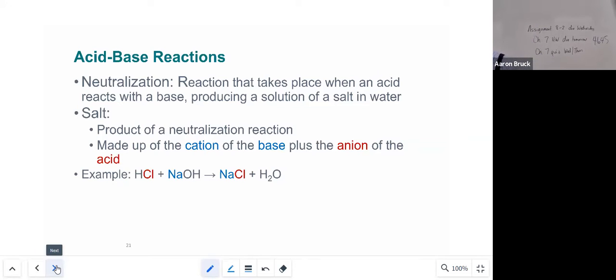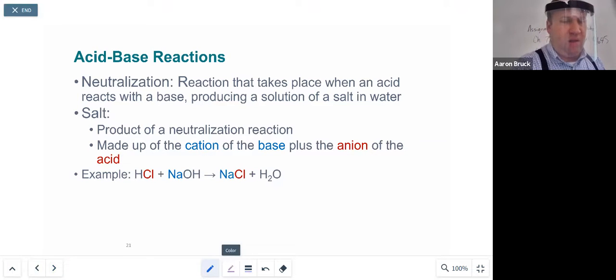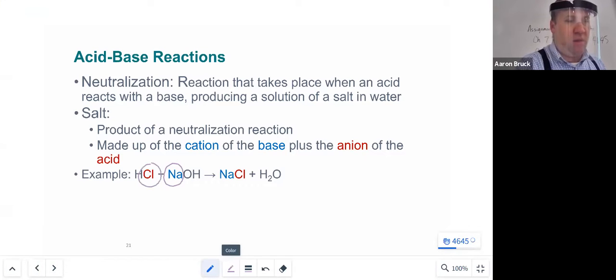The other type of reaction is one that we kind of started to look at in the last lecture, the acid-base reaction. In an acid-base reaction, we get two things. Ordinarily, we get some sort of salt formed from the cation of the base and the anion of the acid. That salt could be soluble, it could also be insoluble, it just depends upon what's being brought together.